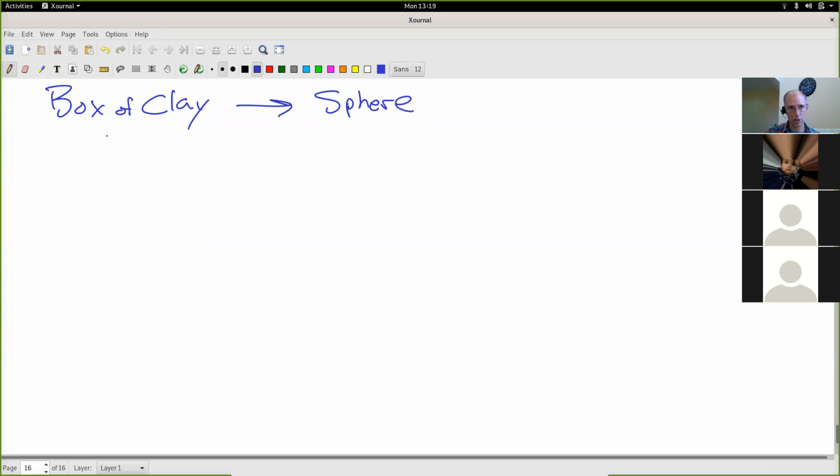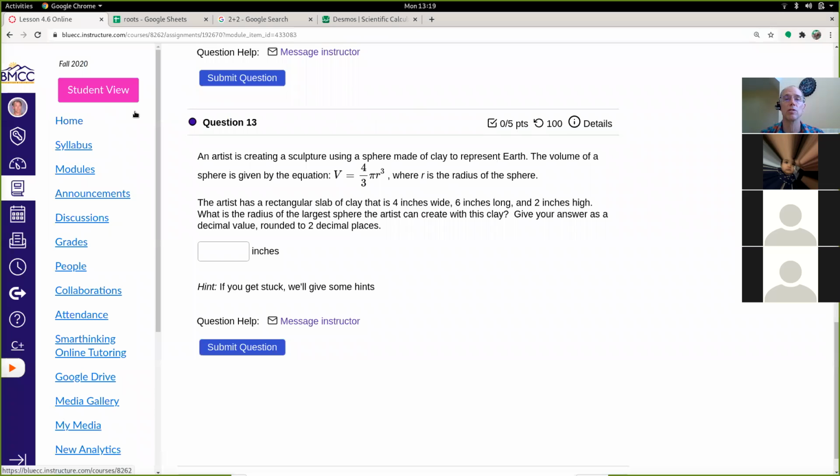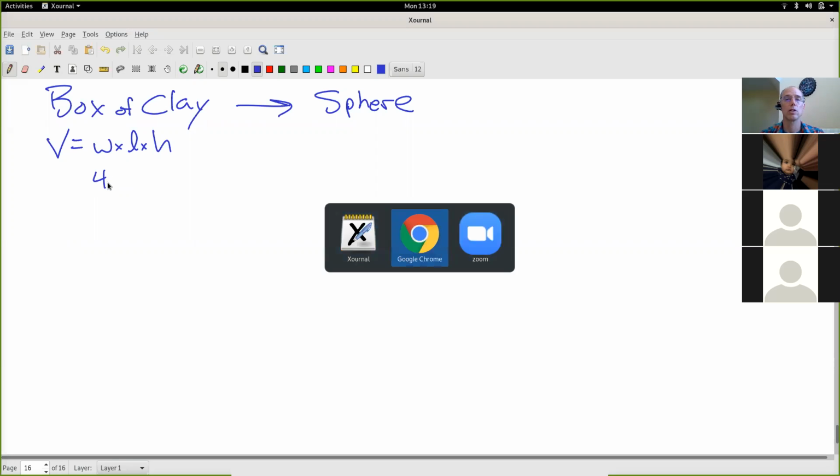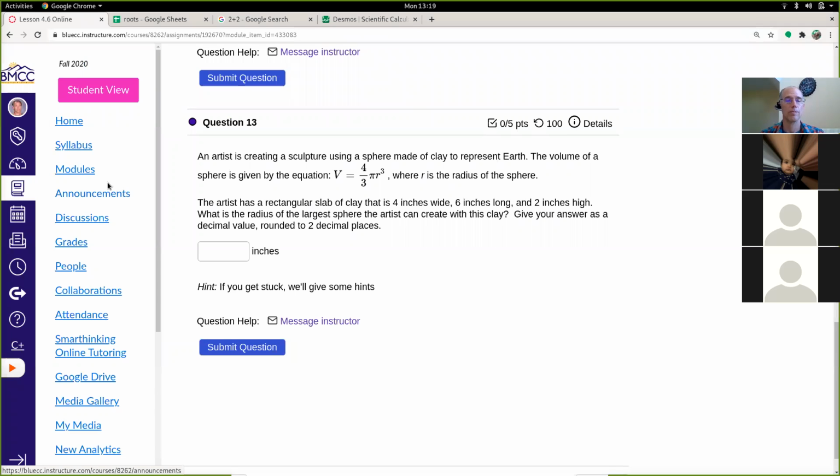And as far as the volume of a box of clay, it's just width times length times height. And they gave me that. Let's see, what was it? The width is 4, the length is 6, the height is 2. So 4, and was that centimeters? Inches. Okay.